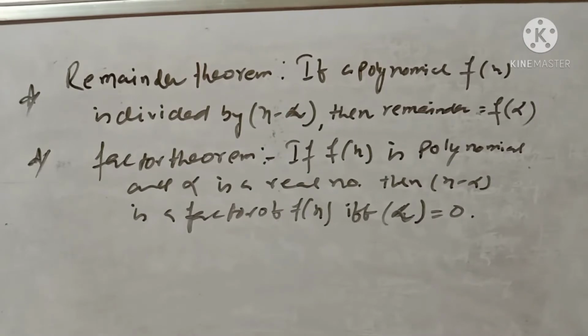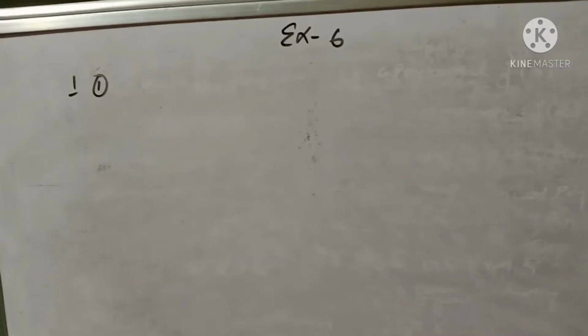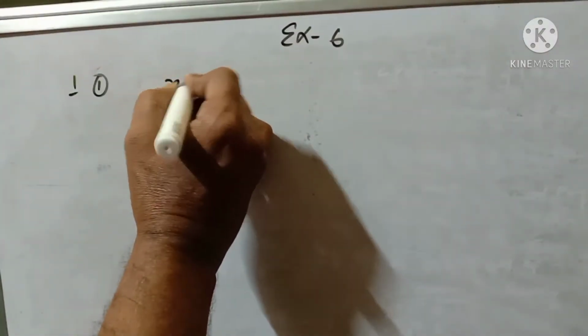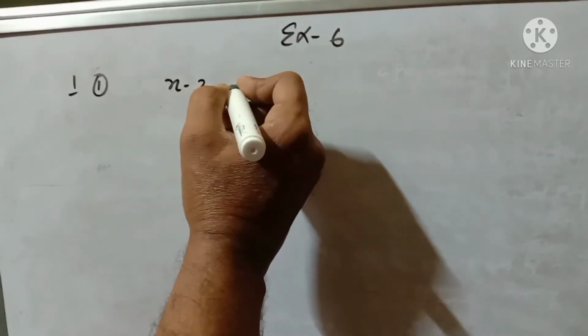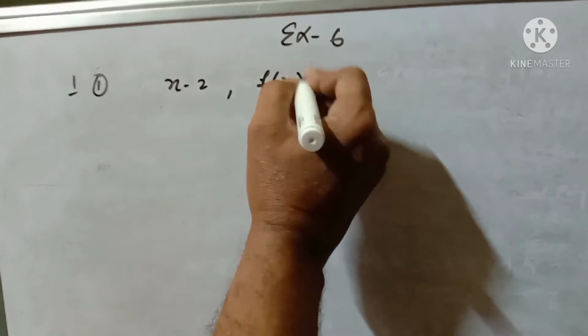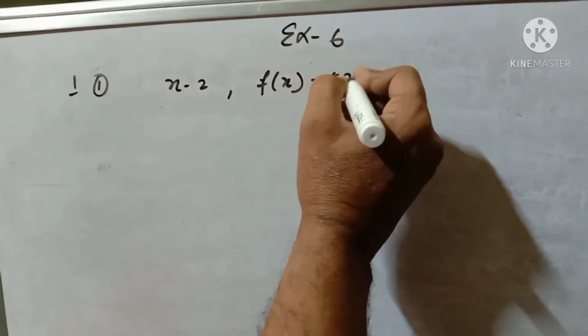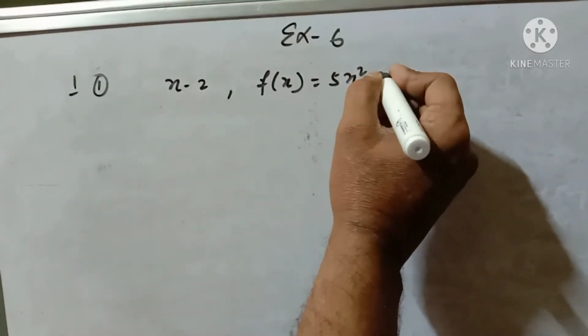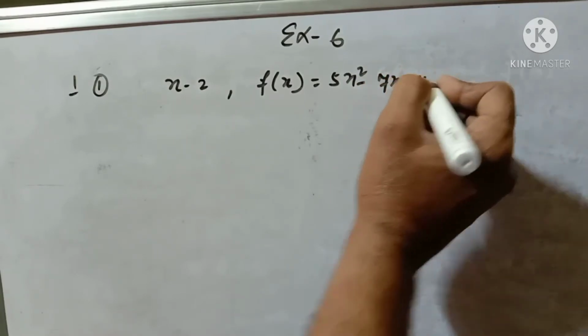Write down please. Now we have to go for the exercise. Exercise 6, question 1: find the remainder, without division, on dividing f(x) by x minus 2, where f(x) equal to 5x square minus 7x plus 4.